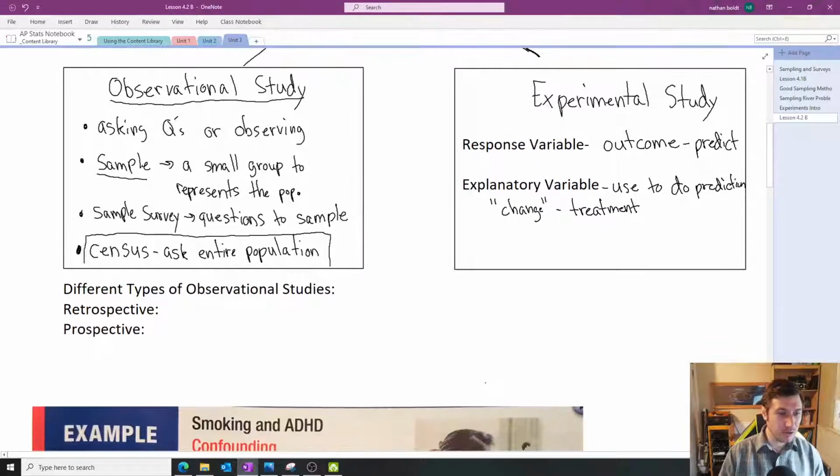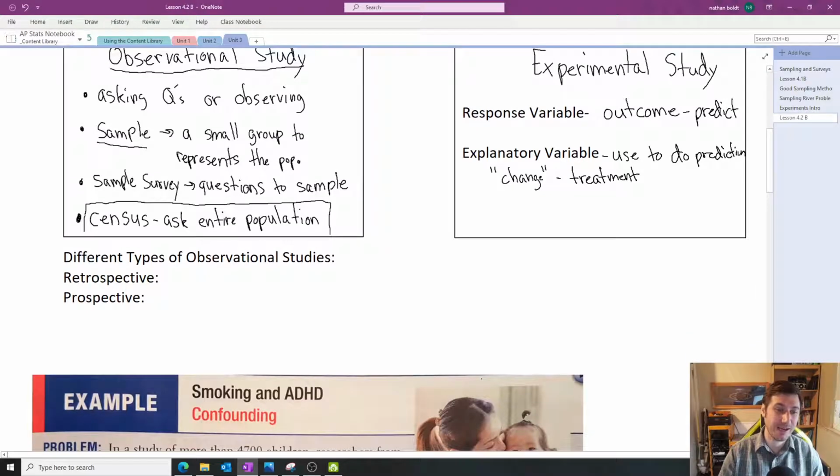One quick thing about observational studies, though, that I think we forgot to mention before. There are two types of observational studies, retrospective and prospective. Retrospective is simply using existing data to do your study.